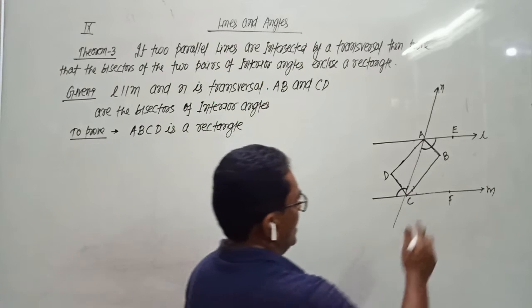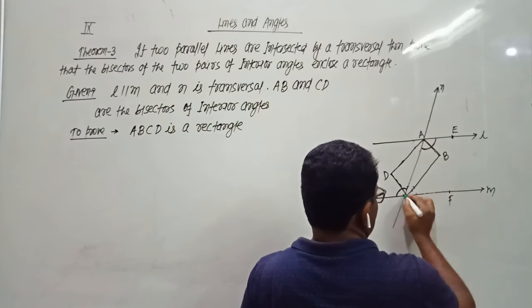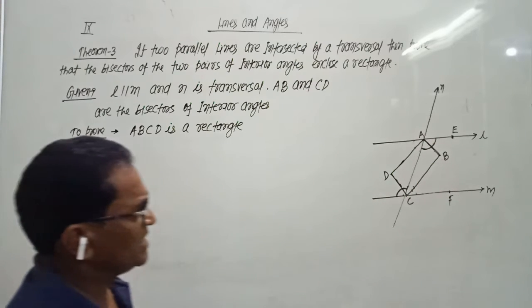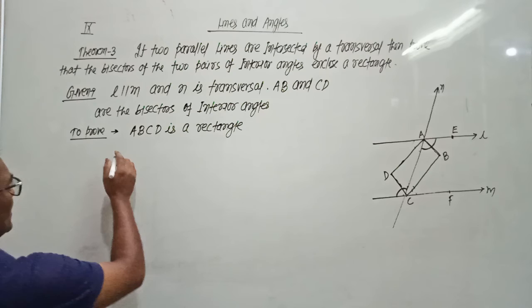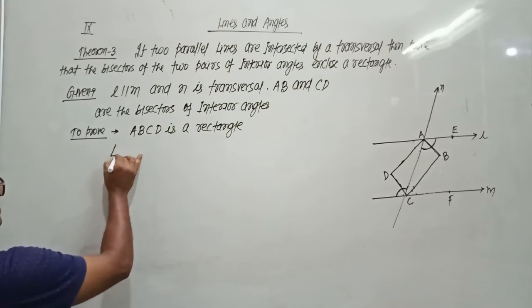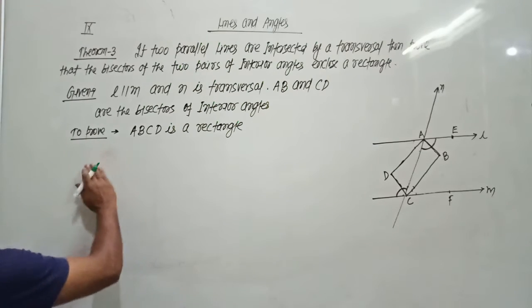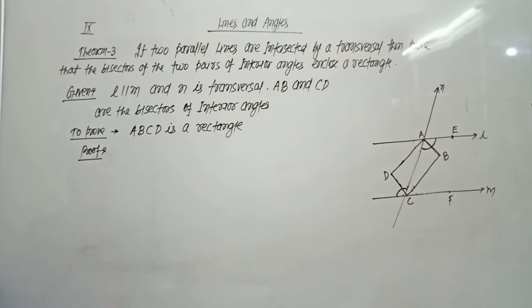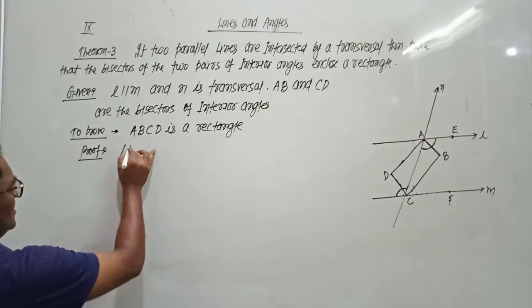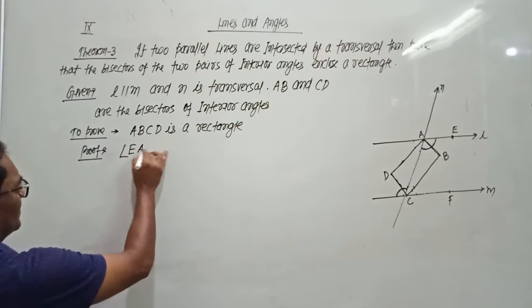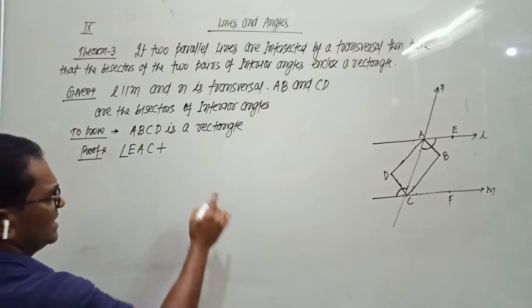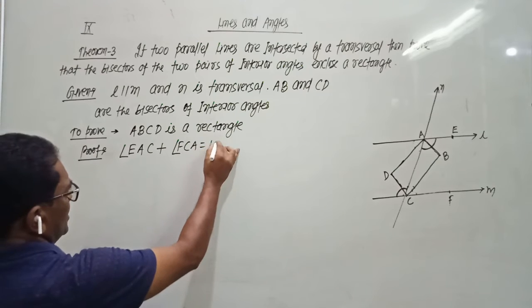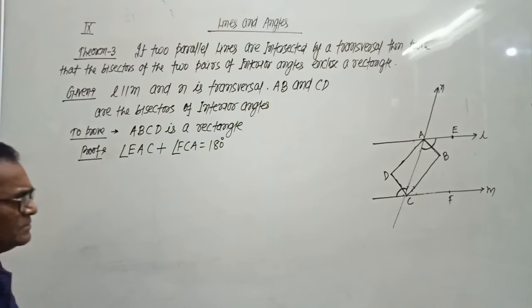plus angle FCA is 180 degrees. So angle EAC plus angle FCA is equal to 180 degrees.